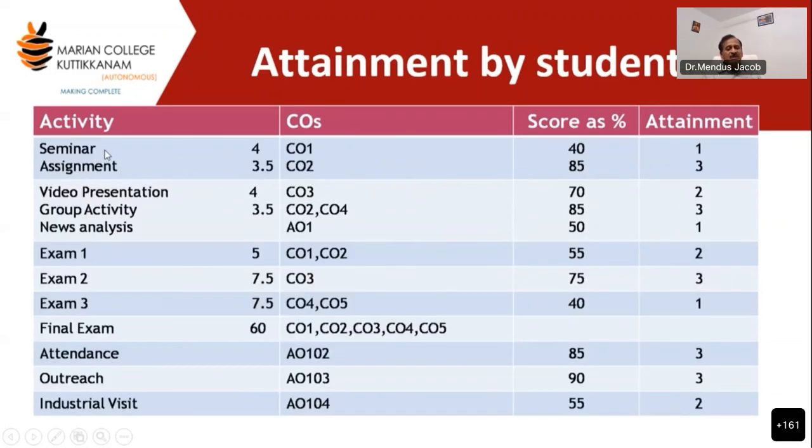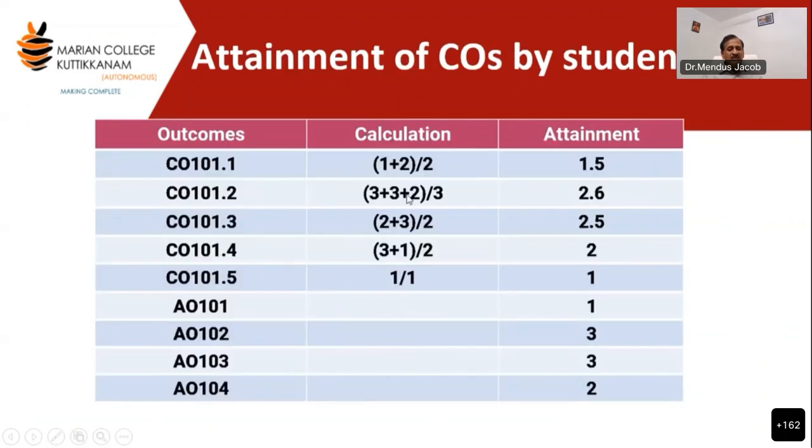You can see seminar is mapped to CO1, and H1 is also mapped to CO1. That means CO1 appears in 2 places here, one for seminar, the other for H1. For seminar, the attainment level is 1, whereas for H1, the attainment level is 2. So we have 1 and 2, and here I'm taking only the simple average, (1 plus 2) by 2.